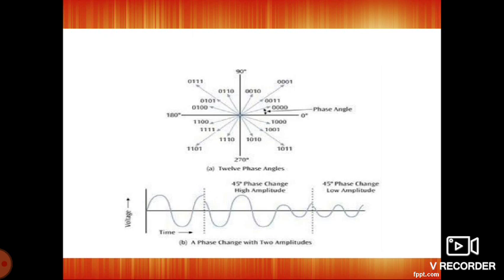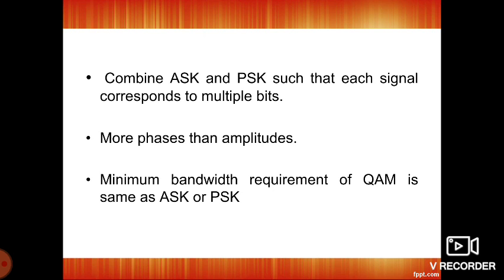Both are combined, and the combined wave is represented here. A 45 degree phase shift is considered for 12 phase angles. So it is a combination of ASK and PSK such that each signal corresponds to multiple bits, with more phases than amplitudes. That is, we have more phases and fewer amplitudes. That is the meaning of more phases than amplitudes.